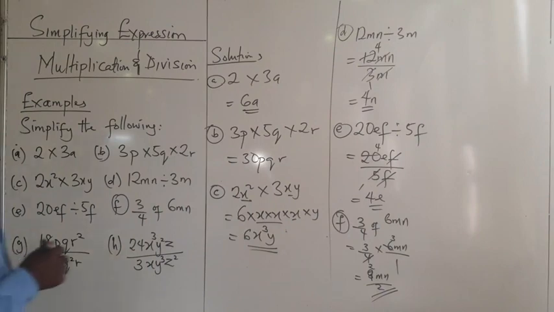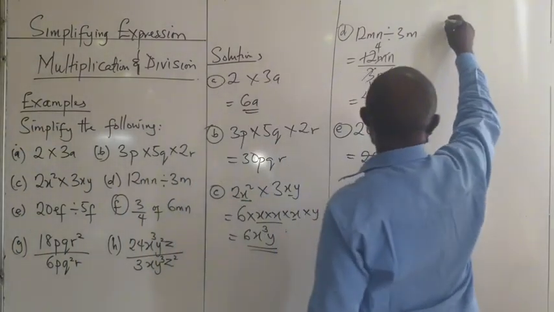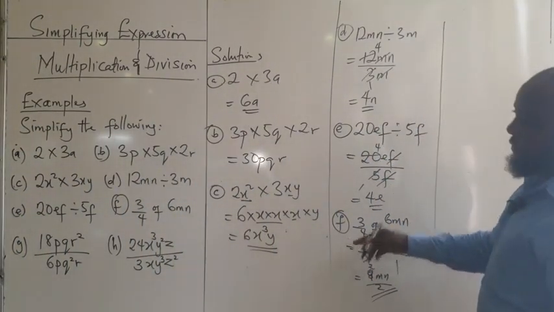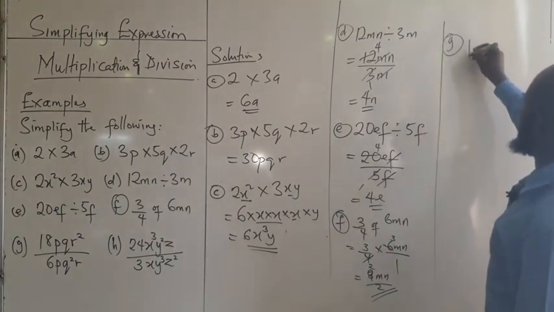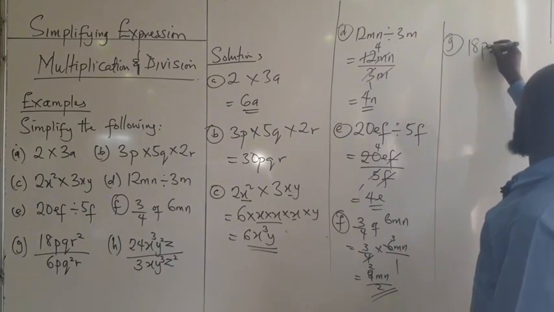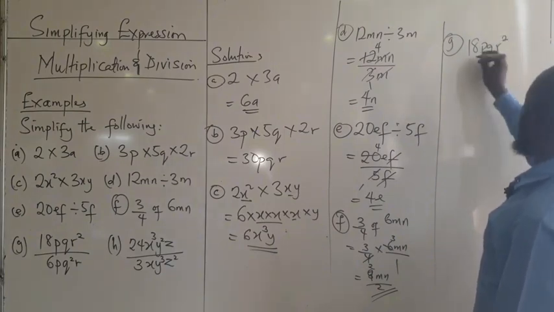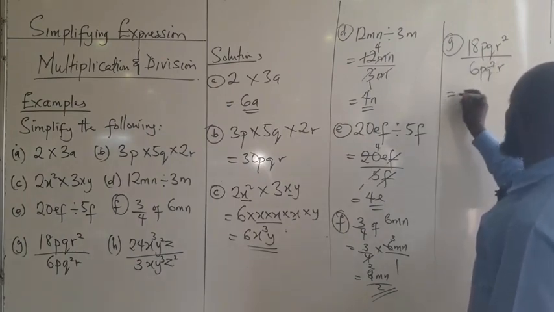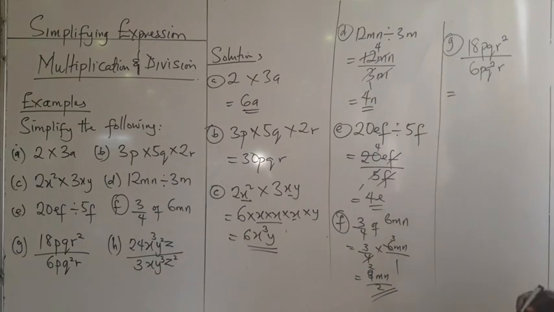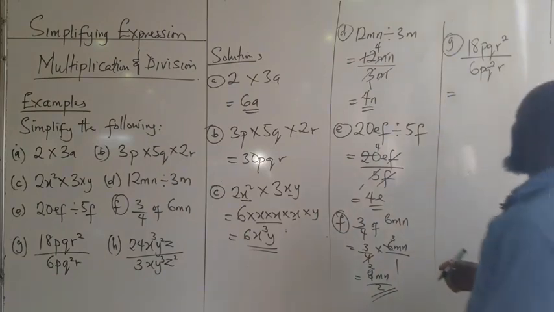Alright. Then we look at the next one here. This is G. 18PQR squared divided by 6PQ squared R. What we're going to do is break everything down so that we do not make mistakes.